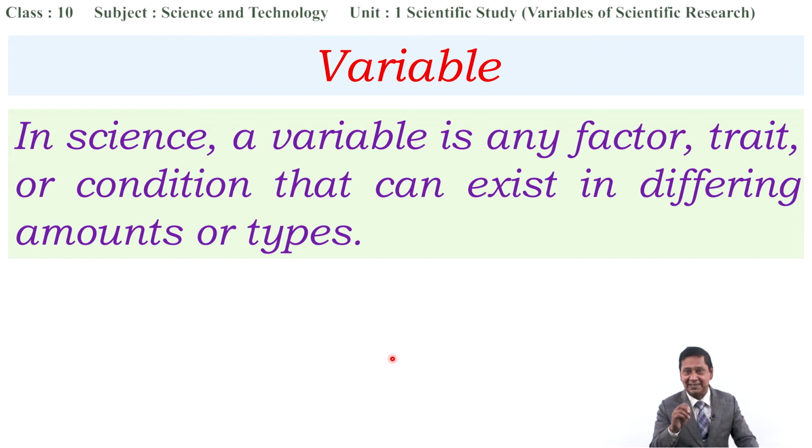I'll make it easy for you. Look at this word, factor. Factor means all the physical quantities are factors, whether it is solubility or velocity or length or temperature, whatever it is. All the physical quantities are actually factors. Besides this, trait is a synonym; we can say property, characteristic.